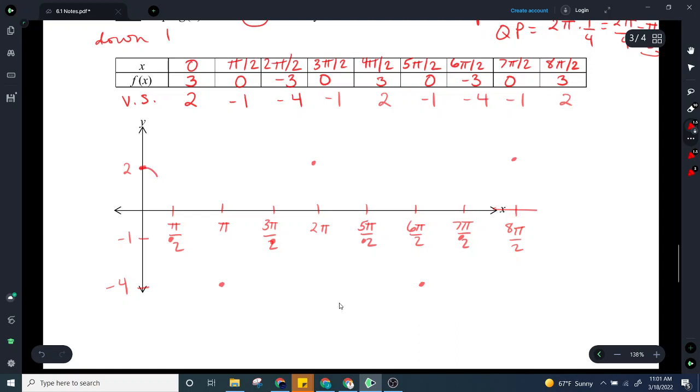So it's going to look like this. There's one cycle. If we had graph paper, this would look a little bit more consistent, but that's all right. You get the idea. There's the other cycle.